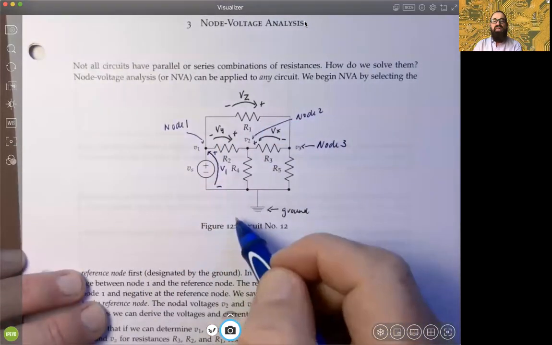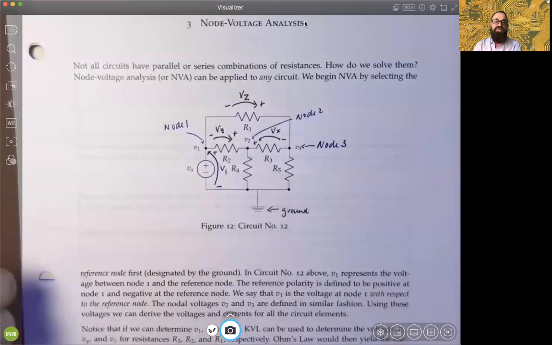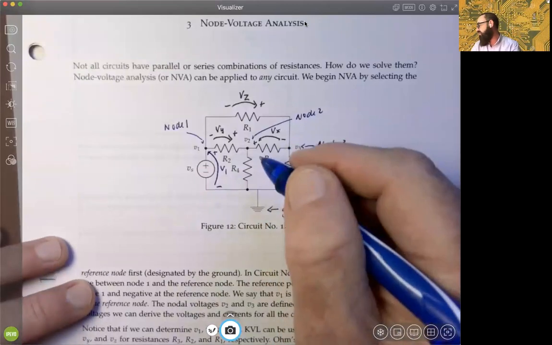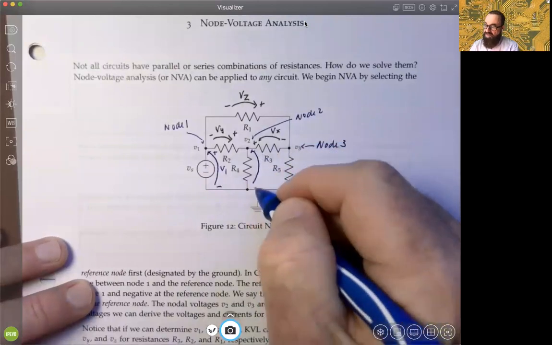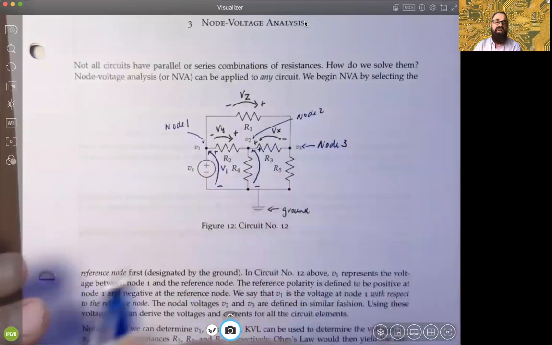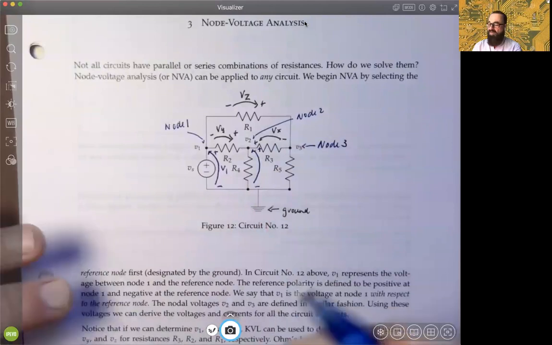So you're negative down here at the reference node, but positive at the node itself, right? And similarly, we will do that for the other node voltages. Again, drawing a voltage arrow from the reference node minus plus there, okay? So you're positive at that node, negative at the reference node, okay? And we'll do one more here.